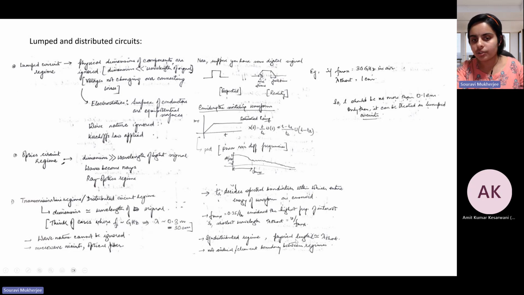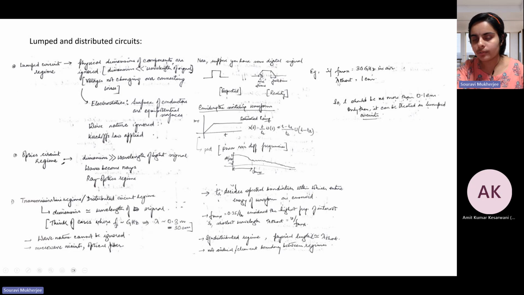In those cases, you can say that you are in the distributed regime, and there you have to consider the parameters that come because of the connecting leads or the components. Here is an example: suppose the maximum frequency in your signal is 30 gigahertz.